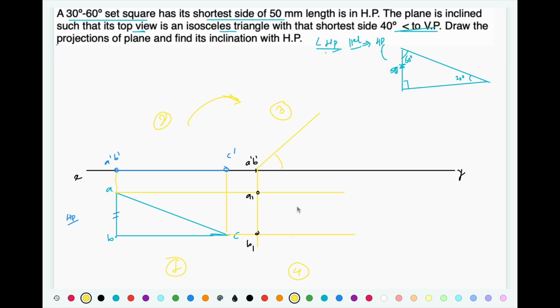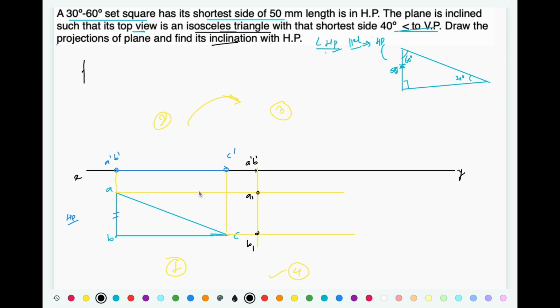Okay, so instead of giving this inclination, they have given shape that we are going to obtain in step number 4. What is that shape? It is an isosceles triangle. Isosceles triangle means its two sides has to be of same length.